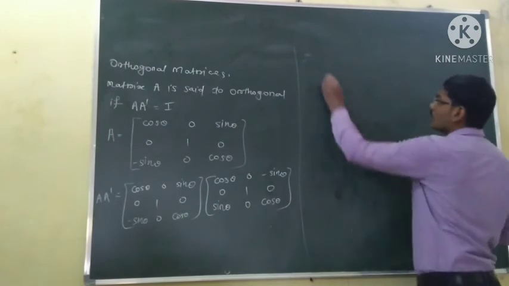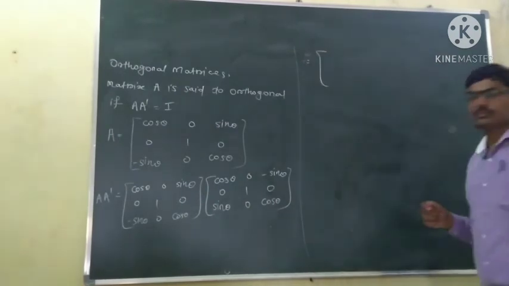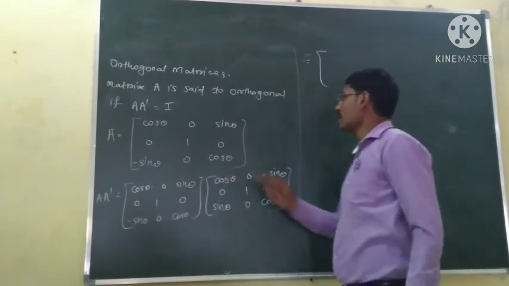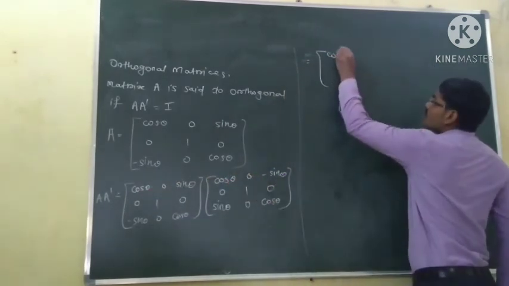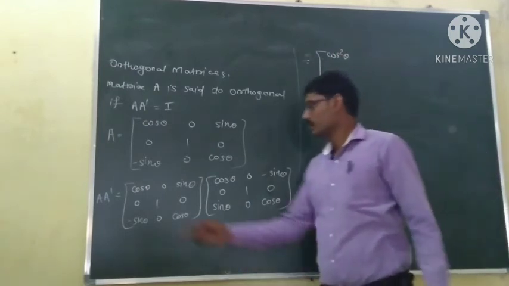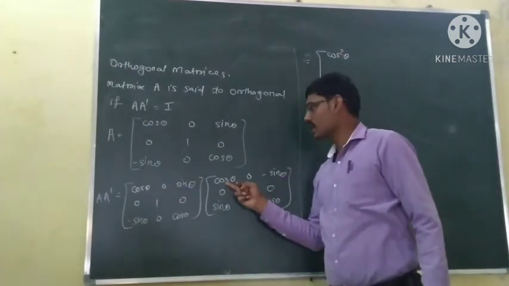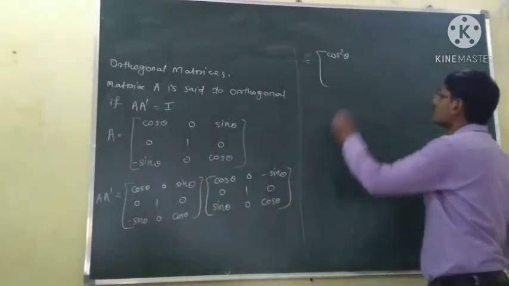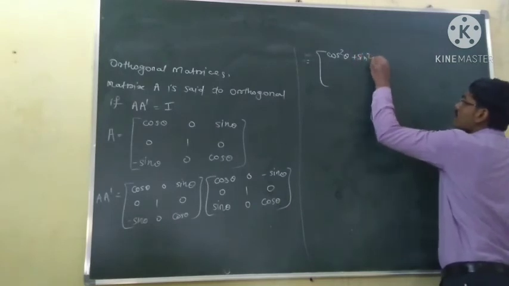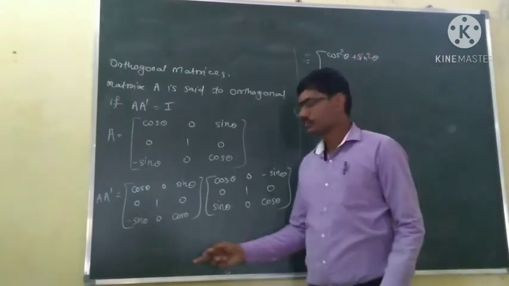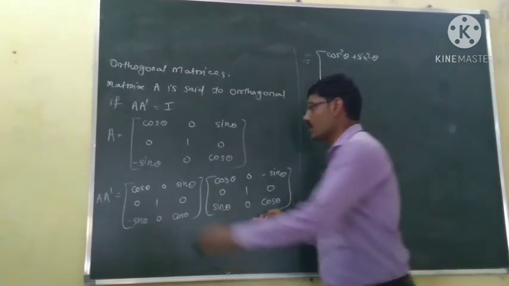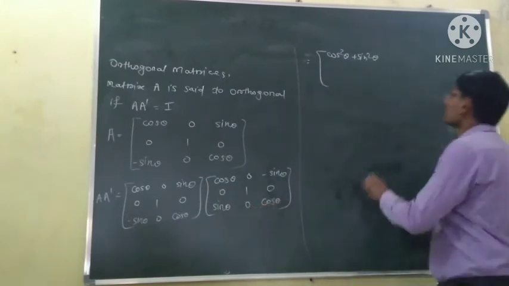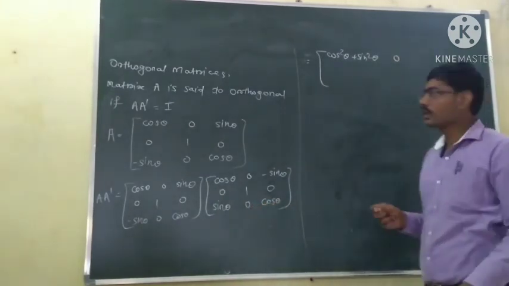This multiplication is equal to, first row, first column. So cos theta into cos theta is cos square theta, plus 0 into 0 is 0, plus sin theta into sin theta, so plus sin square theta. Now first row, second column: cos theta into 0 is 0, 0 into 1 is 0, sin theta into 0 is 0.